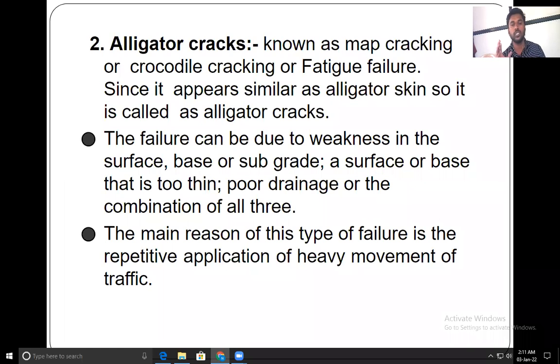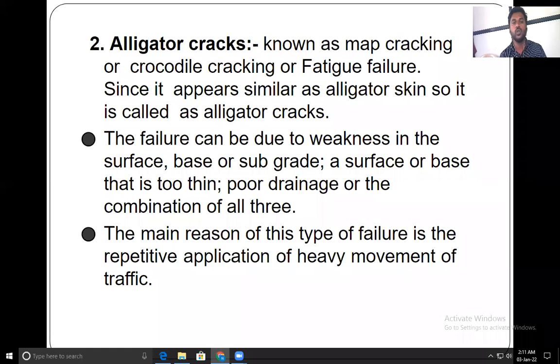It may be circular or rectangular, whatever it is. Then we need to place the material, then go for proper compaction. The second type of failure is alligator cracks.